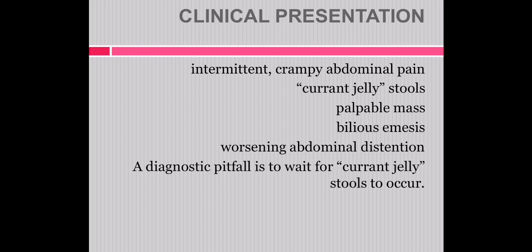We call it primary idiopathic because the cause of the leading point is a hypertrophied lymph node that occurs due to either infection by respiratory syncytial virus or rotaviral infection.